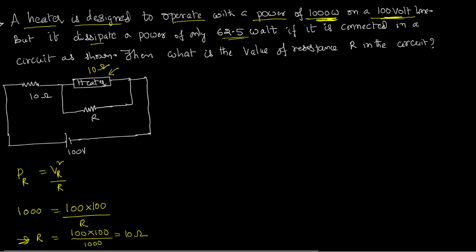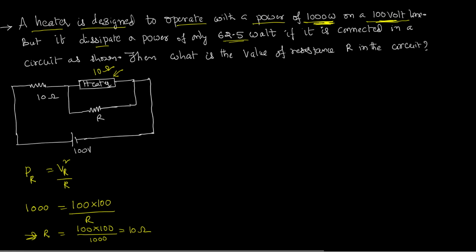Whatever may be the power that it utilizes and the power it is designed for, the resistance of that heater remains constant. Taking that into consideration, I can again write the formula. Here I have derived a formula for power rated. Now I can write a formula for power utilized equal to voltage utilized square by resistance R. But that resistance is constant.